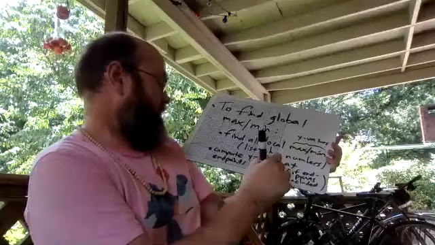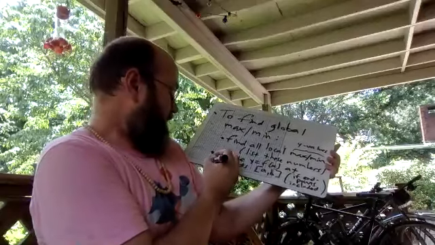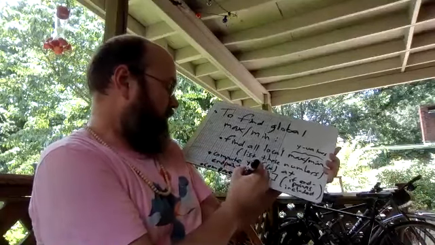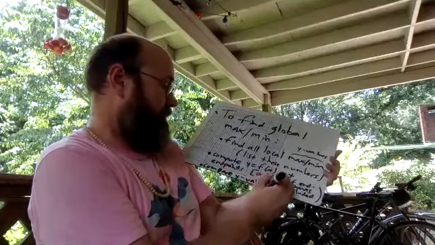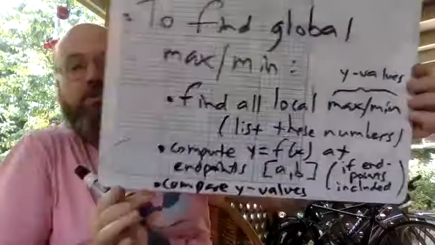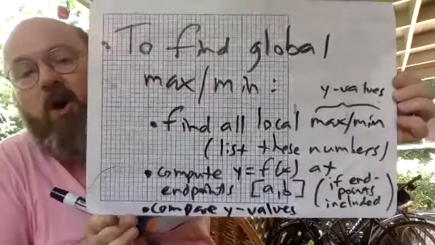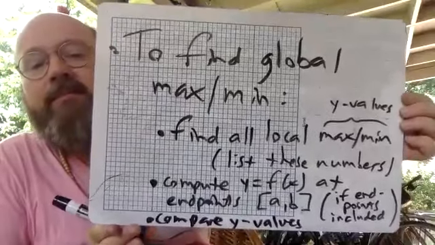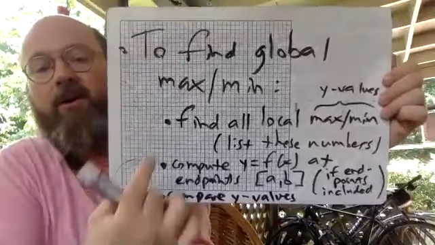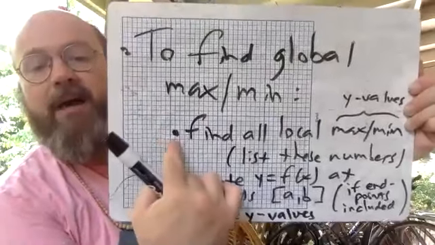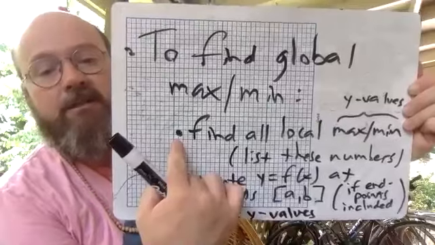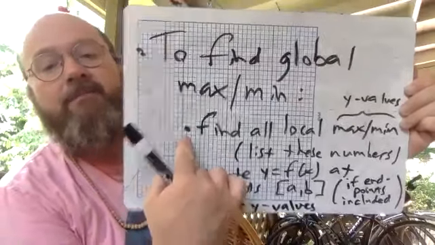Okay, you compute y equals f of x at the endpoints, and then you compare these values. Compare all of the y values you've listed out in the previous steps and choose the highest or the lowest one. So the global maximum, you literally find it by hand. There's not like a math trick. You find all the local maxima and minima, the humps and the valleys. But see, maybe there's a higher point. Maybe there's a higher point at the end point of the interval.